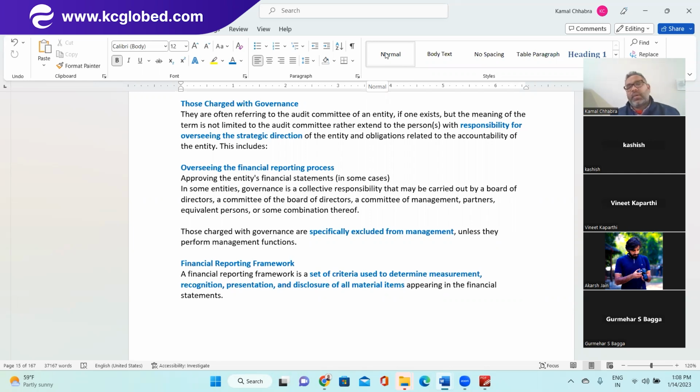So all those people, like CEO, CFO, CTO, head of the accounts, controller, come under the category of management. The board of directors and advisory board come under those charged with governance. Make sense?